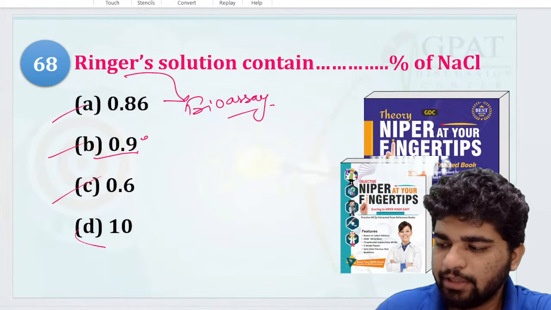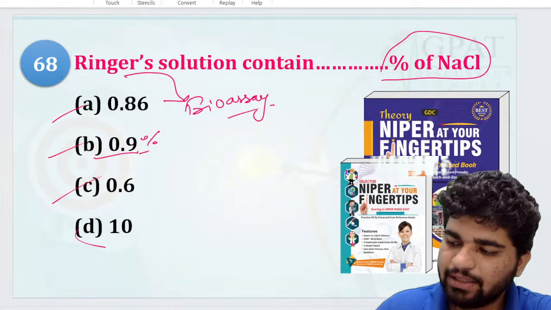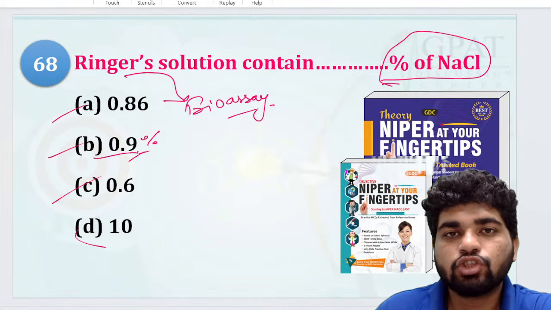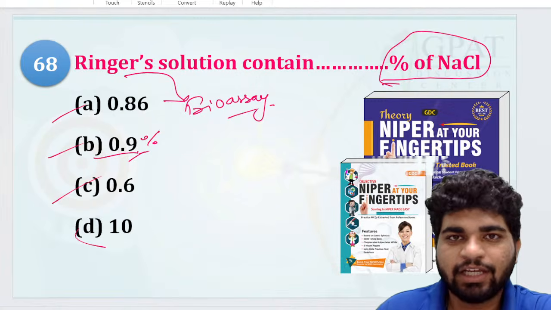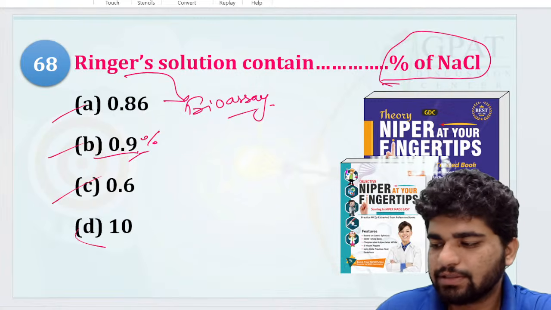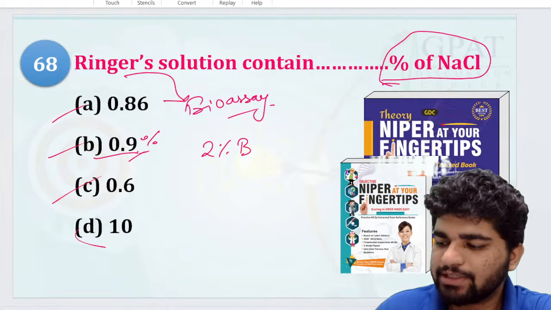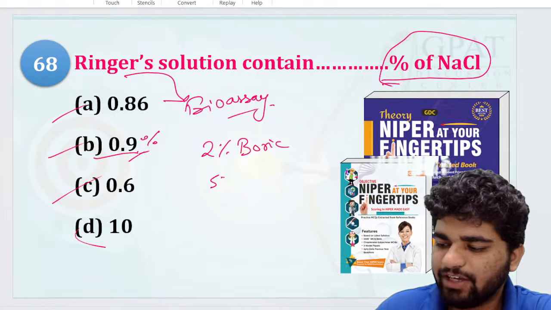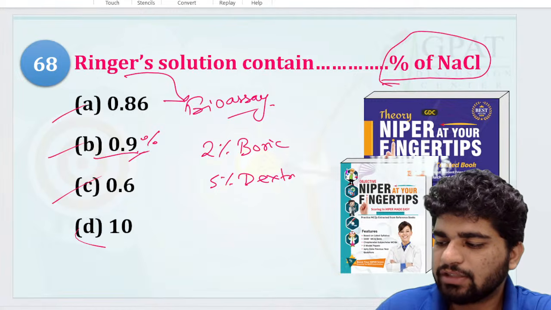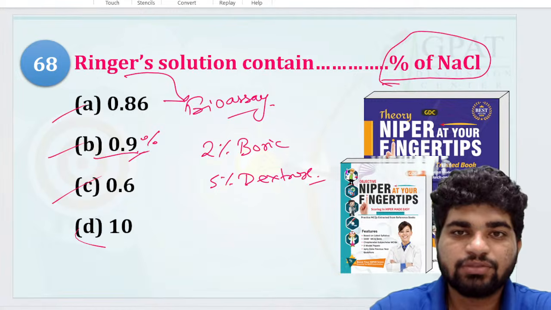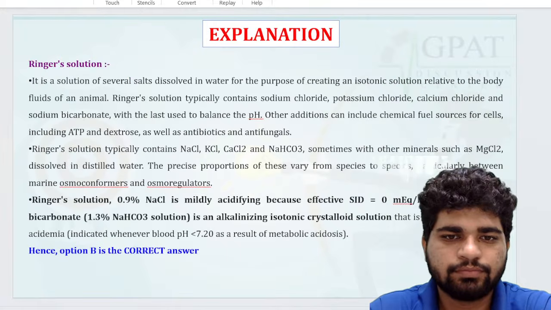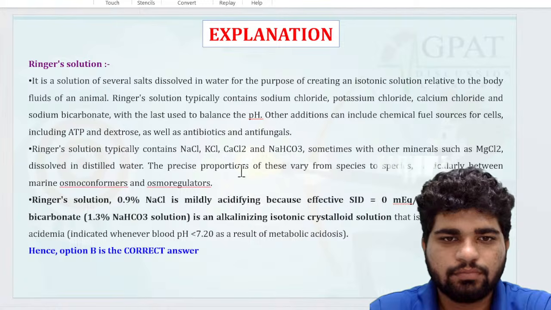So 0.9 percent NaCl is used in Ringer solution so that it becomes isotonic in nature. Out of this, 2% boric acid is used for isotonicity, and 5% dextrose is used as an isotonic agent, right?